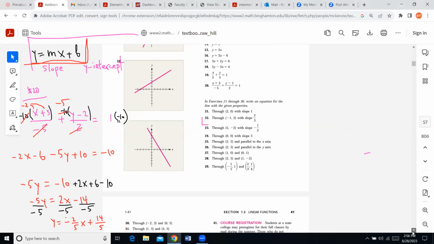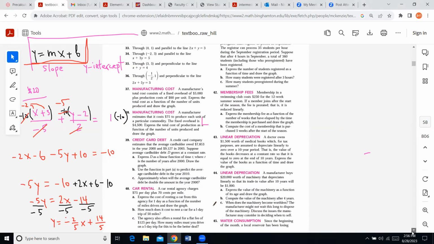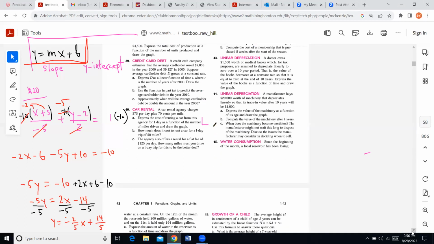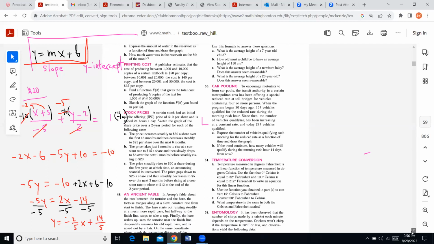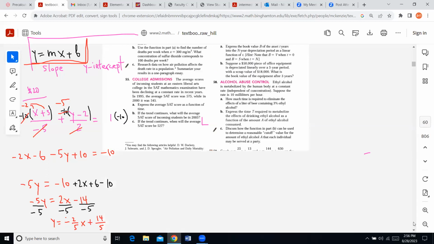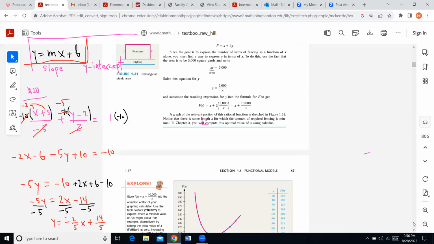So I'm going to move to the next section, because I think that 1.3 is pretty much all I need, those vertical and horizontal lines for the calculus purposes. And the next section deals again with functions.